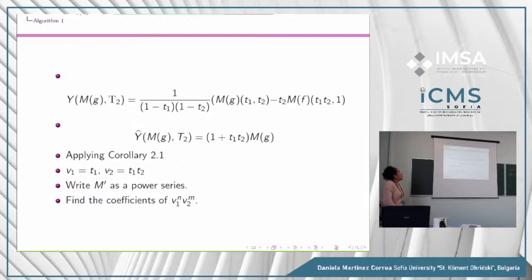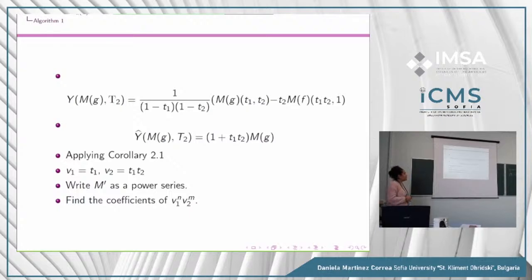Okay, so we follow these steps. The first step is the action of this operator that is given by the Young rule, and after that we apply this corollary, and this corollary is the expression for the multiplicity series of UTN of E.